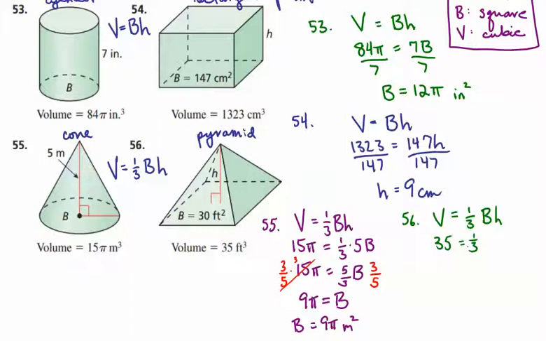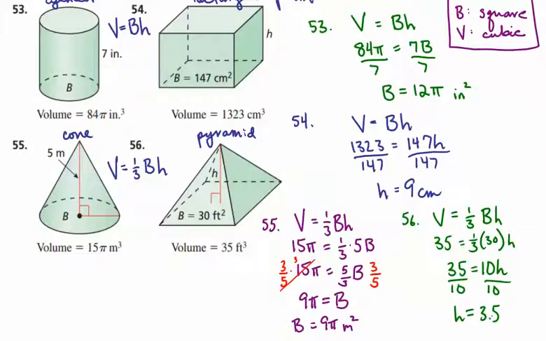We're given the area of the base, which is 30, and we're not told what the height is. So you can see that 1/3 of 30 is 10. 35 is equal to 10h. We divide both sides by 10. And so the height would be 35 divided by 10 is 3.5.